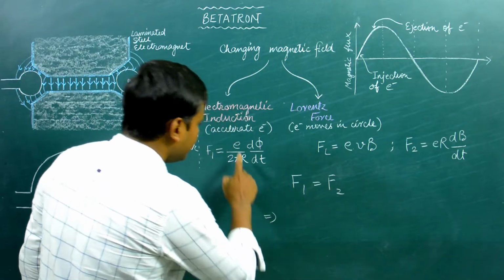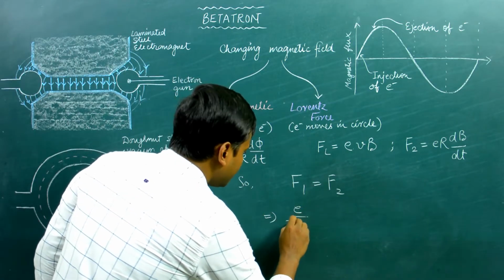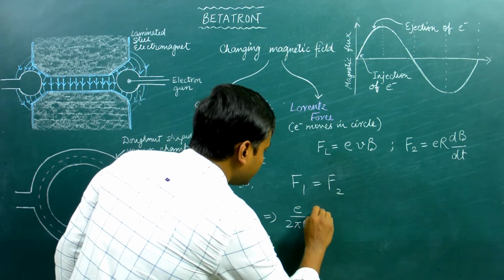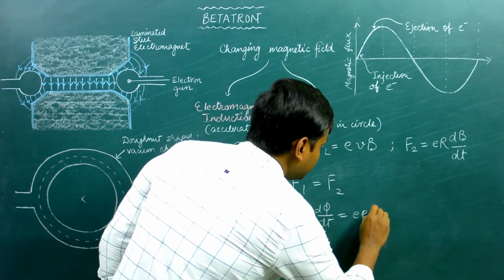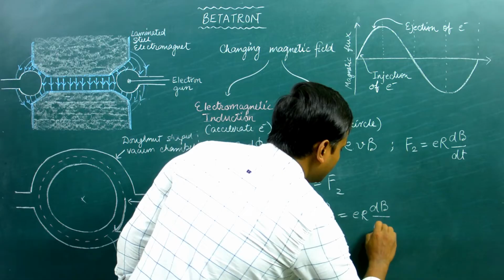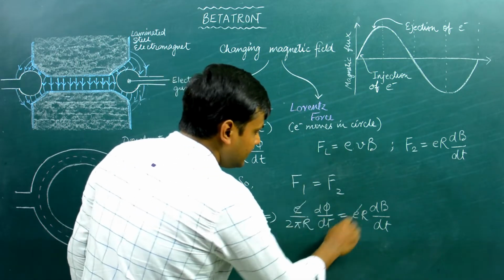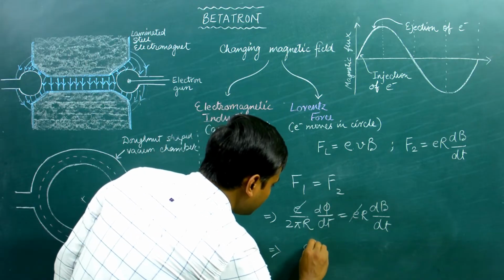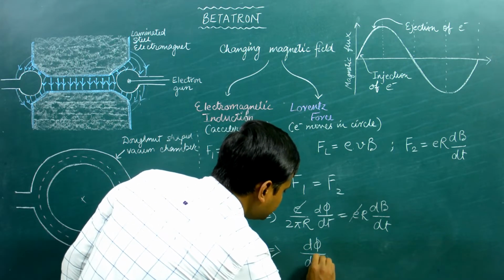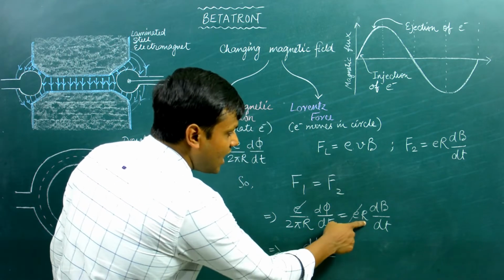So if I equate both these sides, e/(2 pi r) d phi/dt is equal to eR dB/dt. So e gets cancelled and you end up getting this equation: d phi/dt is equal to pi r squared dB/dt.